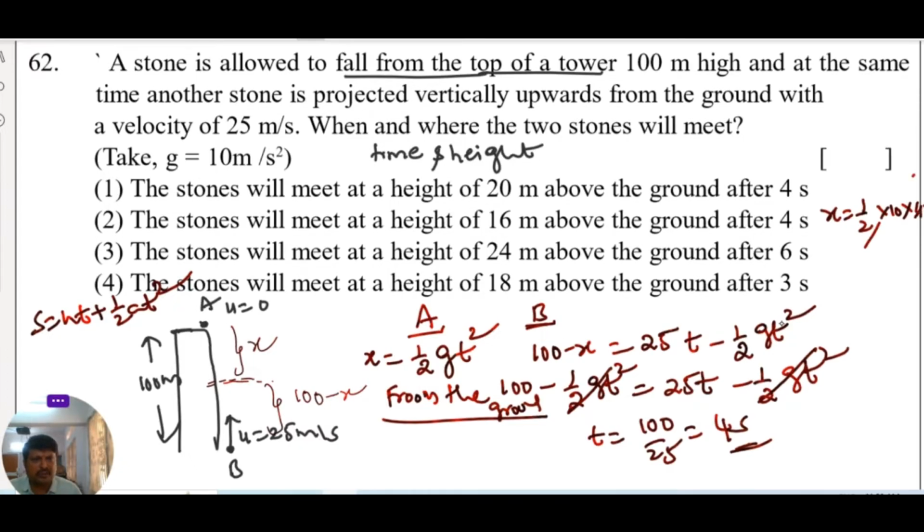That is equal to 80 meter. This is 80 meter, so the remaining height from the ground is 20 meter. That means the two stones will meet at a height of 20 meter above the ground after 4 seconds. So option 1 is the right answer.